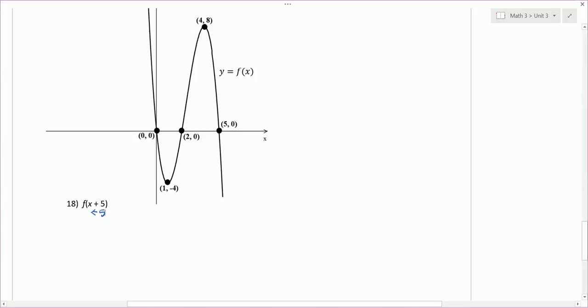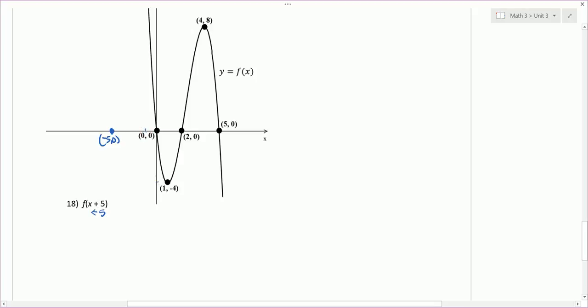So if we take each of these points and move them 5 to the left, where will we end up? Well, this first one at 0, 0 is going to be over here at negative 5, 0, right? The 1, negative 4, if we move that left 5 units, it's harder to see without a grid here.